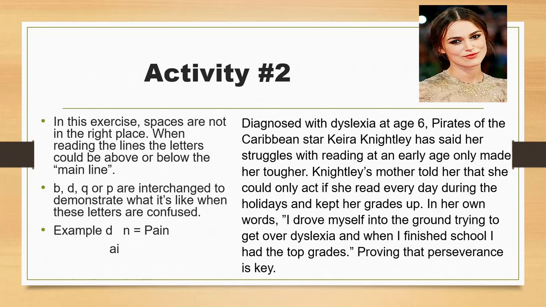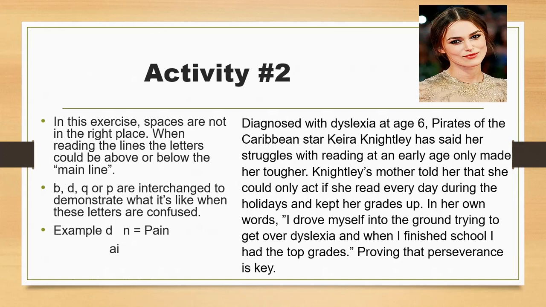So the next activity that we're going to do is we're going to see an example of how some people with dyslexia might see a page with text. Not all people with dyslexia see print this way, but some students with learning disability mix up B, D, P, and Q. They reverse the letter.